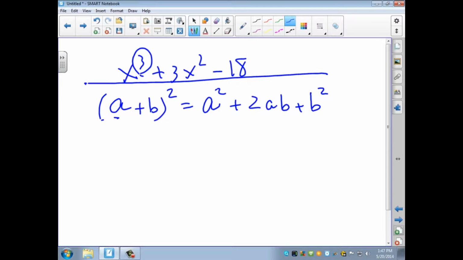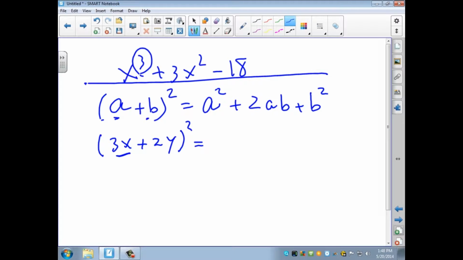Now, a and b can be real numbers, and it can also be a variable such as x and y. So you can use that interchangeably. So for example, if I have 3x plus 2y squared, then this one can be written as a squared.